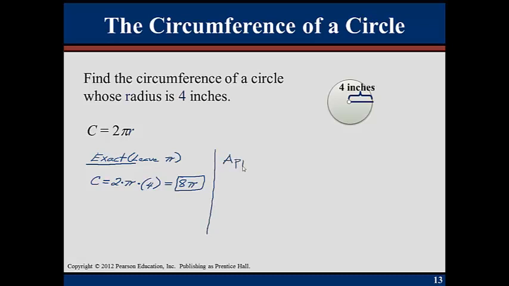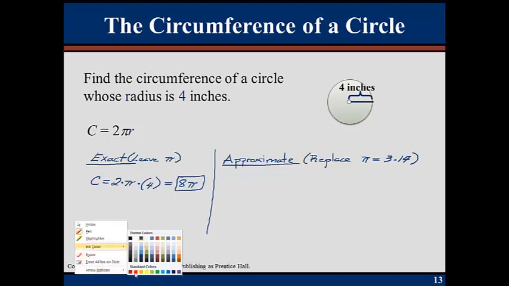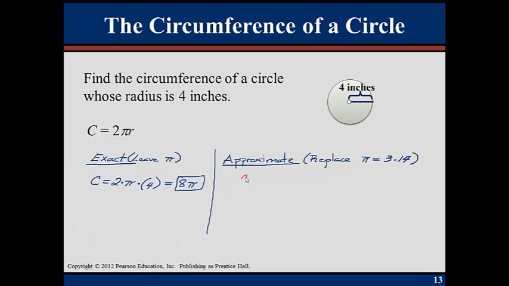And then an approximate answer. To get the approximate answer, you're going to replace pi with 3.14. So we had originally that the circumference was equal to 8 pi.